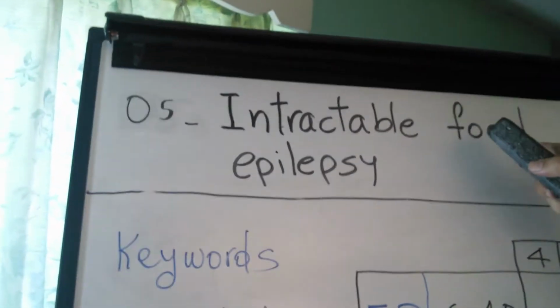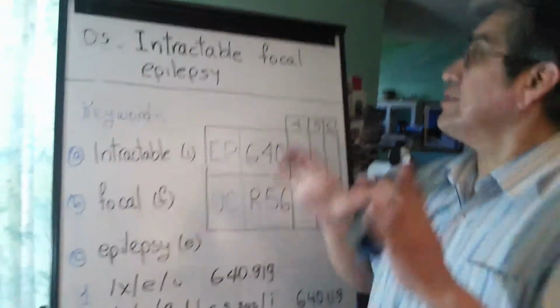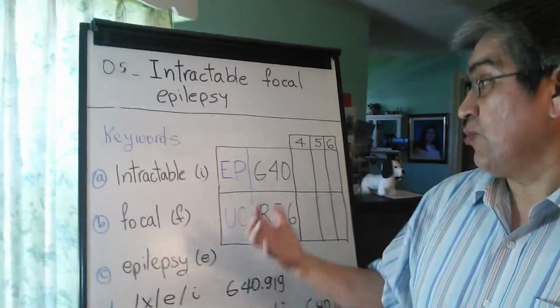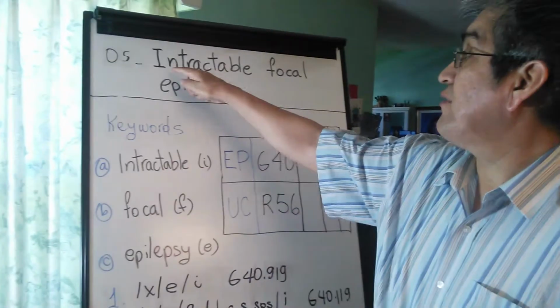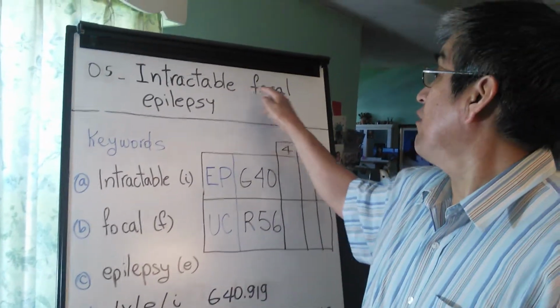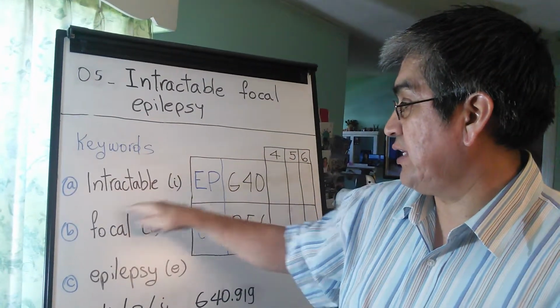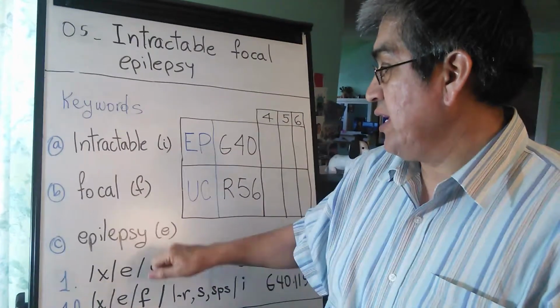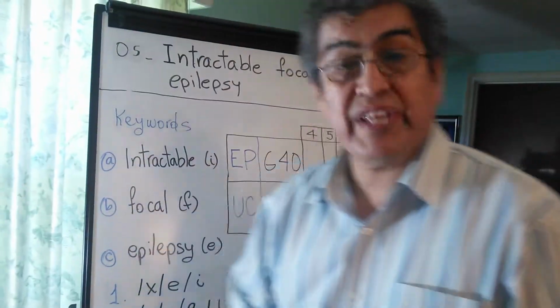Intractable focal epilepsy. The first thing we have to do is find the keywords. So we go to a list of keywords. We have intractable, focal, and epilepsy. Here are the three keywords. Now, the main thing is to identify the main condition, or the noun.